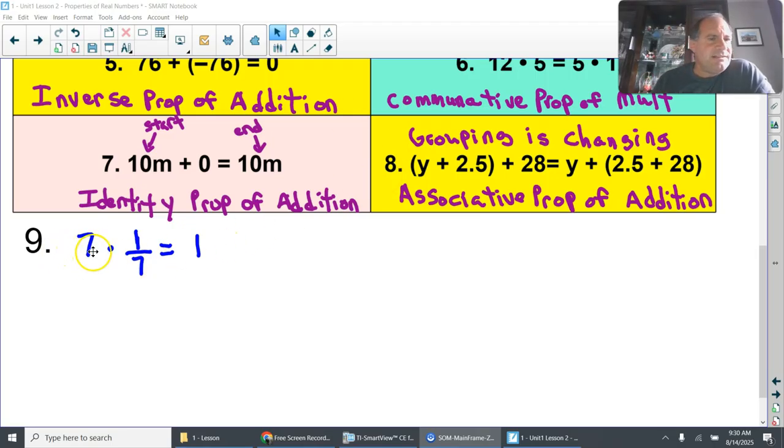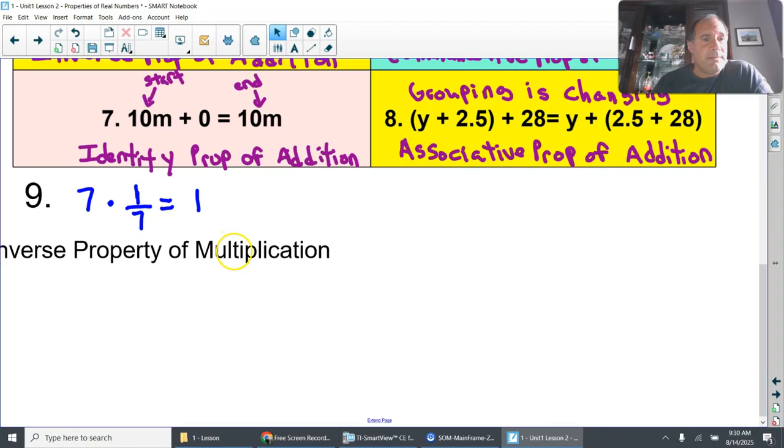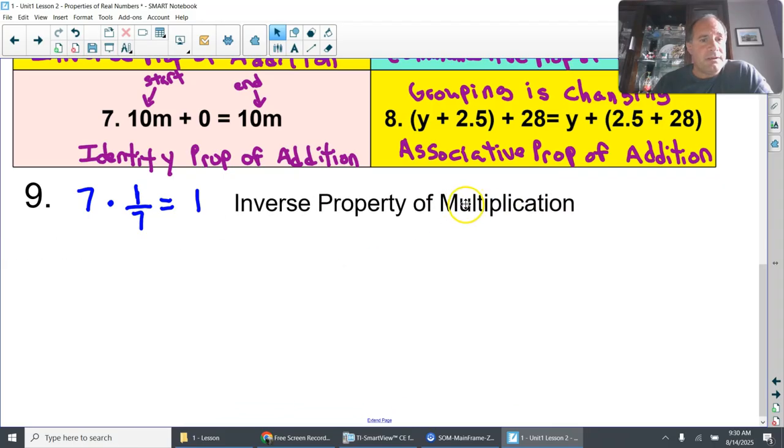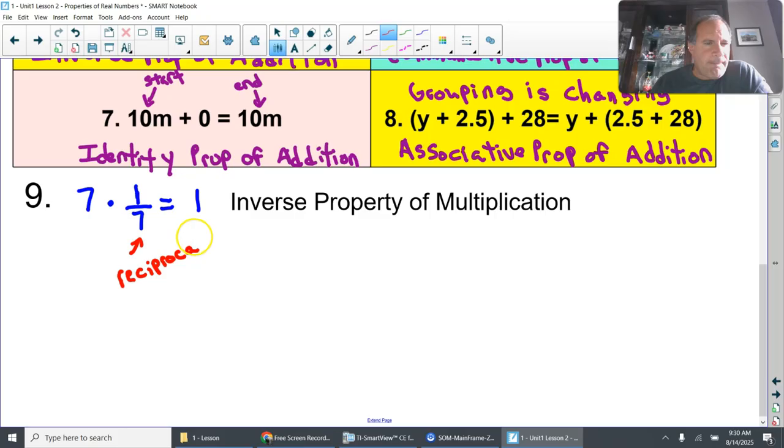Number 9, 7 times 1 over 7 equals 1. This is an example of the inverse property of multiplication. So just remember that we're talking about the inverse of 7, the reciprocal, multiplying the reciprocal. And then that's the inverse property of multiplication.